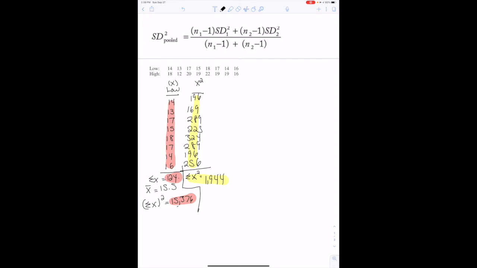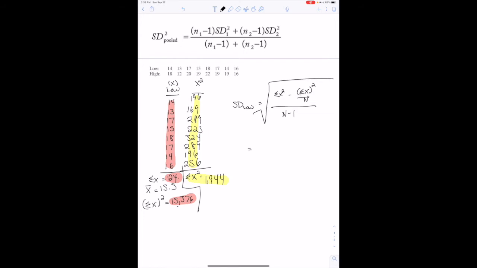Okay? So if you're going to calculate your SD for low, it equals the square root of sigma x squared minus sigma x quantity squared over n, all over n minus 1. So we just simply have to plug in our values.